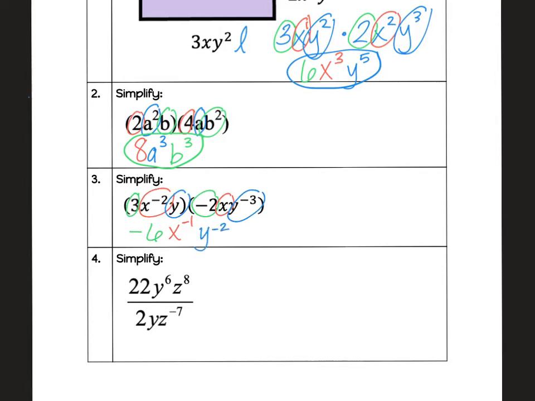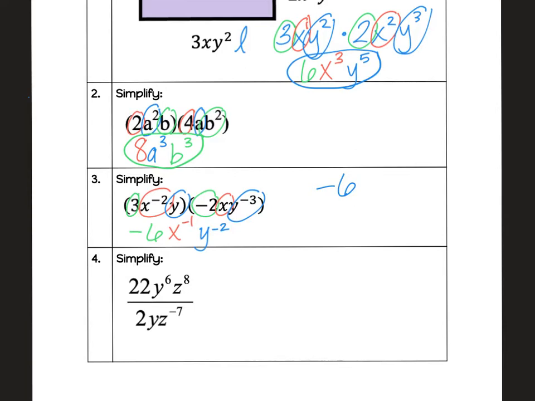Okay, so what we're going to do is, for our variables with negative exponents, in order to make their exponent positive, we need to move them to the bottom. So our negative 6 is going to stay on top because it does not have a negative exponent.